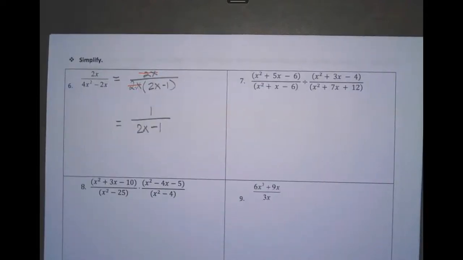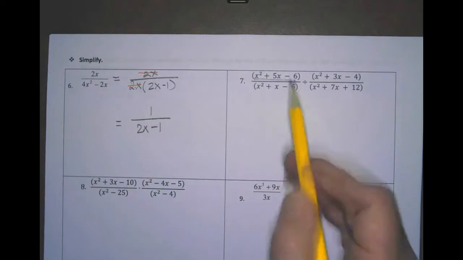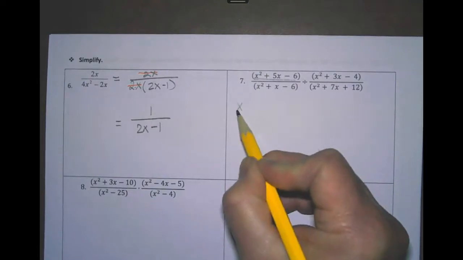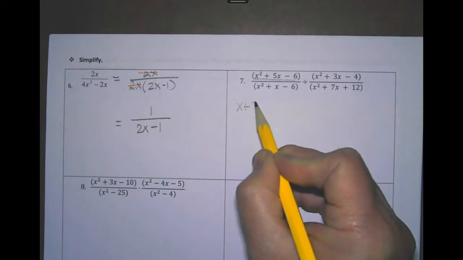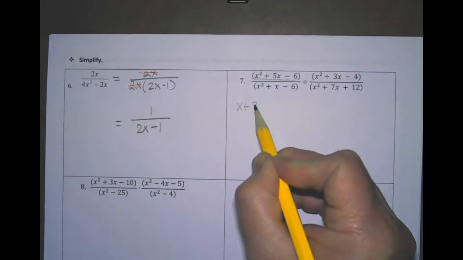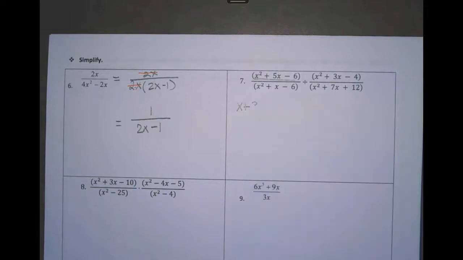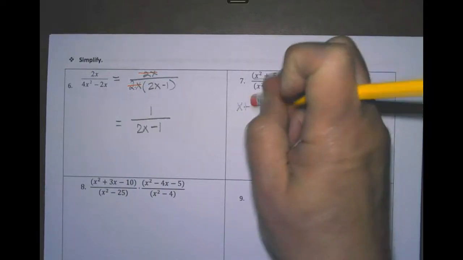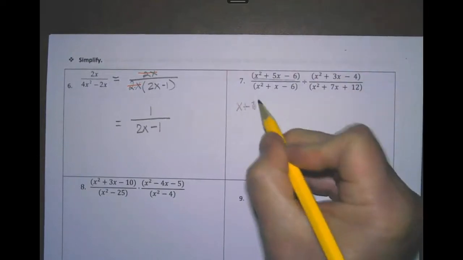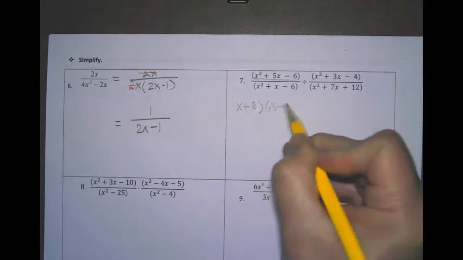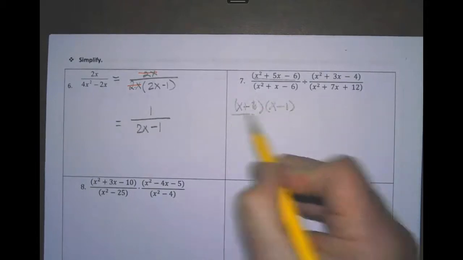Factor first. This factors into x plus 3. Nope, that's not going to do it. This is going to need to be plus 6x minus 1.